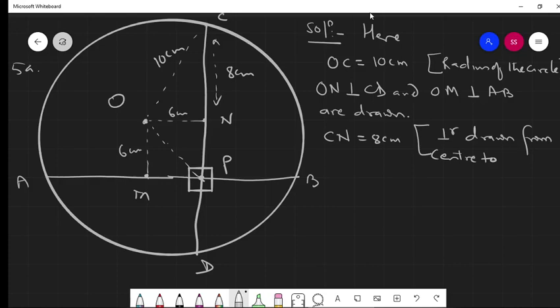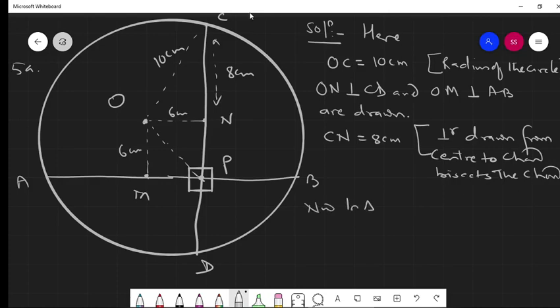OC is 10 centimeter, that is the radius of the circle. ON perpendicular to CD chord and OM perpendicular to AB chord are drawn. CN equals 8 centimeter, since a perpendicular drawn from the center to the chord bisects the chord. That's why this is 8 centimeter.